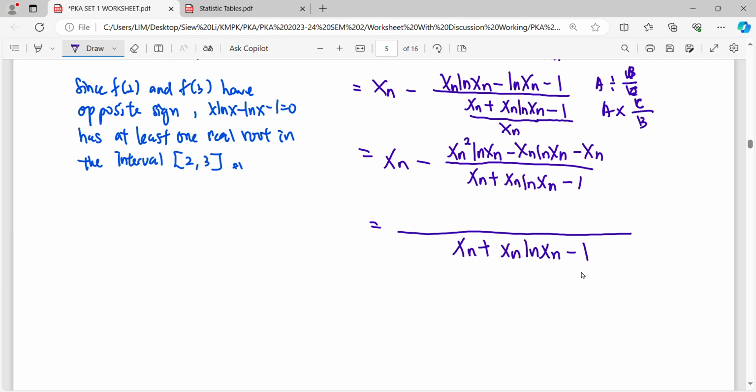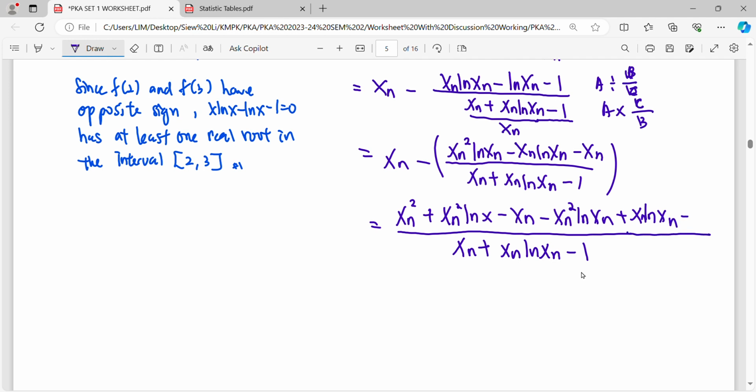So x will be multiplied with the whole denominator here. So x times the denominator, there will be x squared plus x squared ln x, and x times negative 1. Then this minus is for the whole fraction here. Negative, negative, positive, x ln x; then negative, negative, positive, x ln x, positive x. Remember to expand this negative inside.